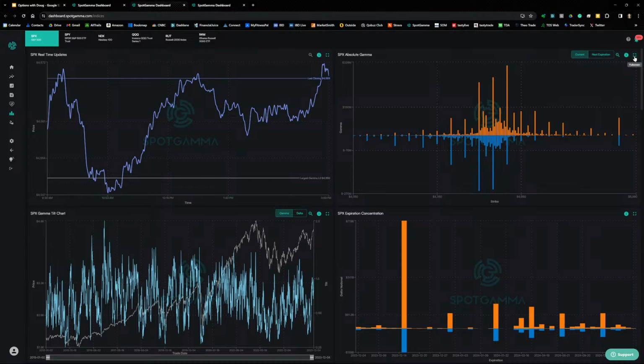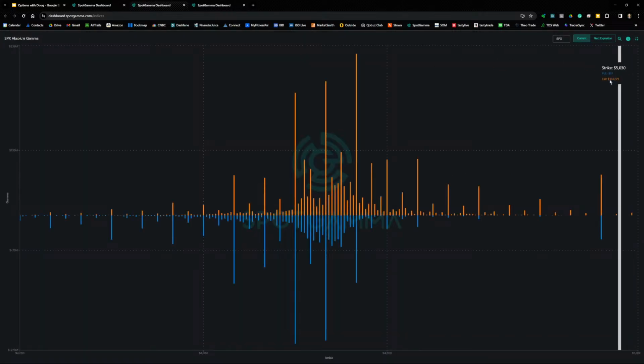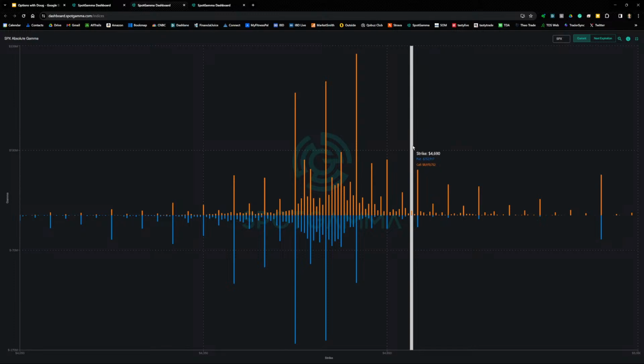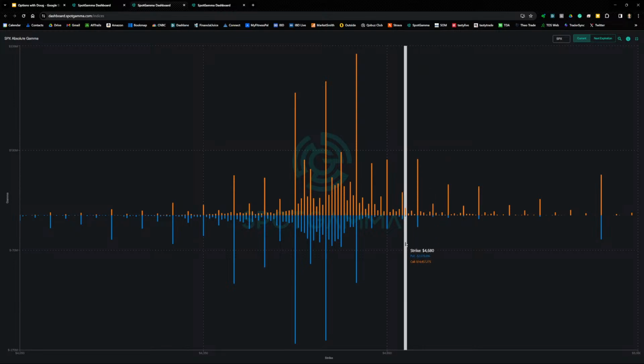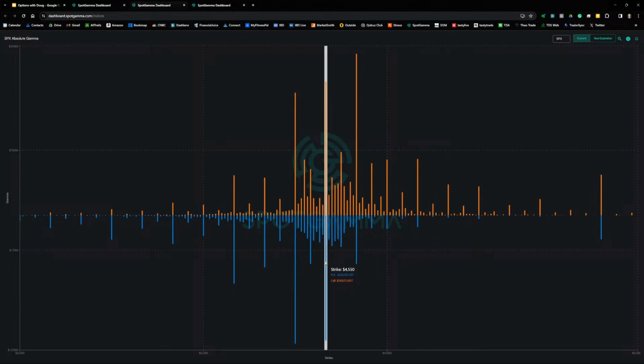This is the absolute gamma at different strikes. Orange bars are showing call gamma, positive gamma. Blue bars showing negative gamma, put gamma. There's the 4550 level. So that is the strike with the largest absolute negative and positive gamma.